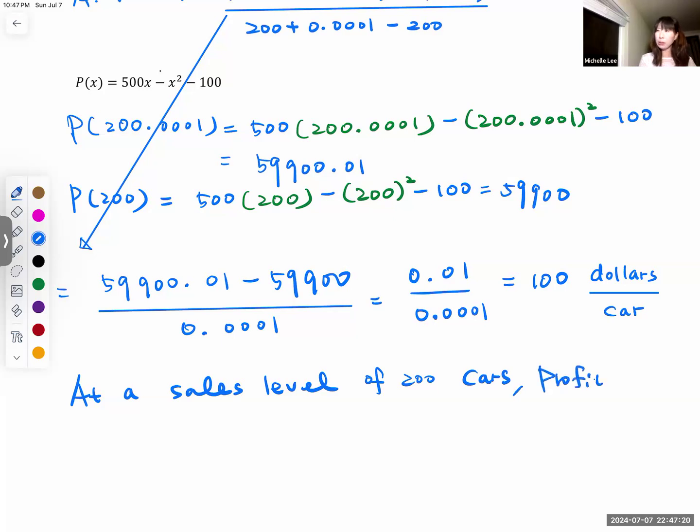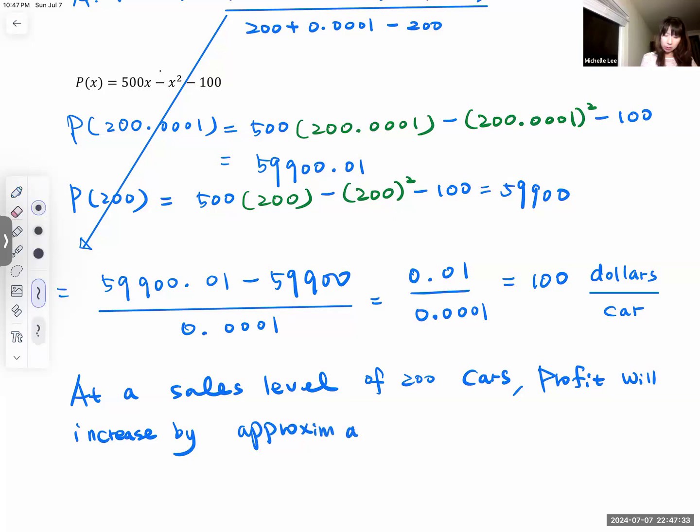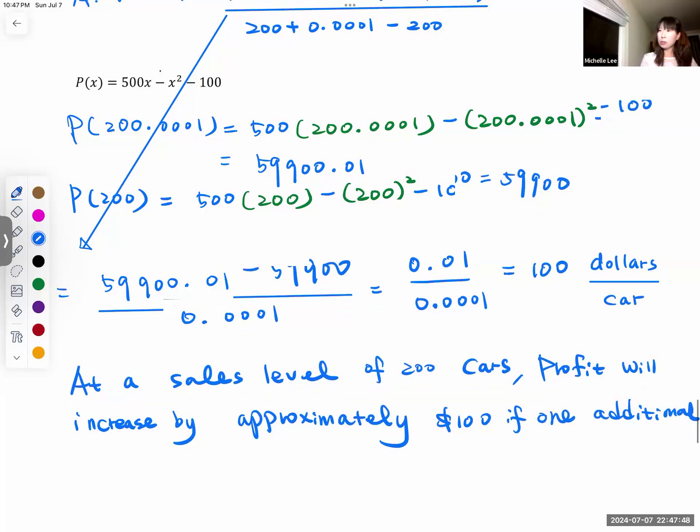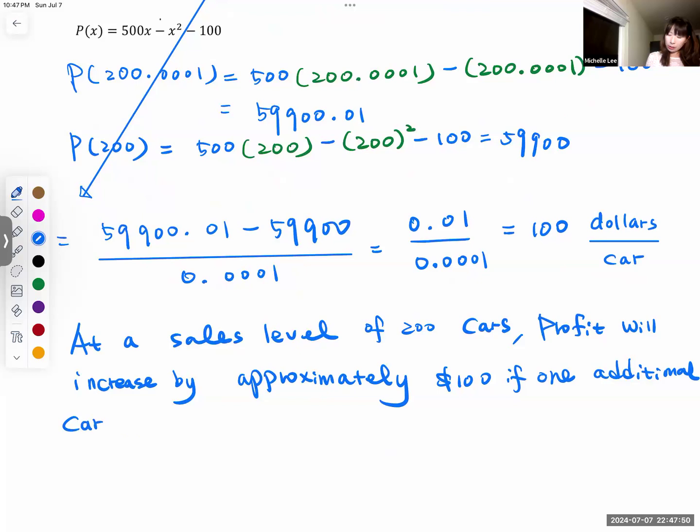So profit will increase by approximately $100 if one additional car is sold.